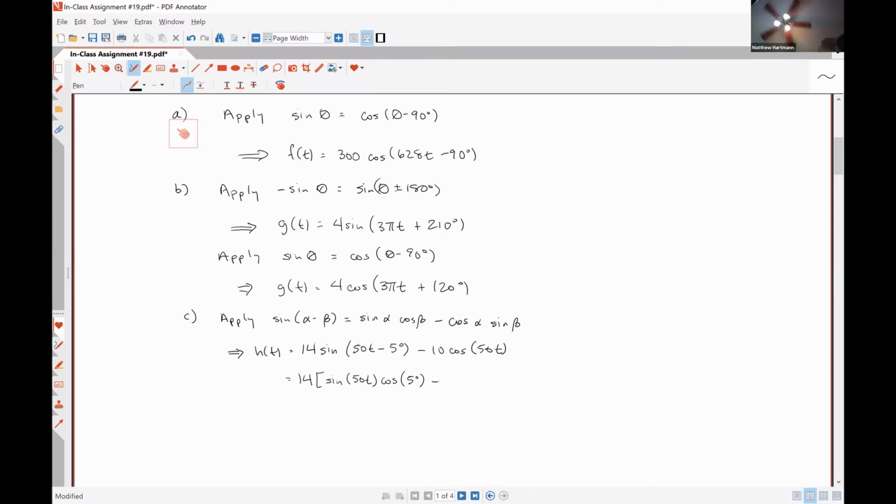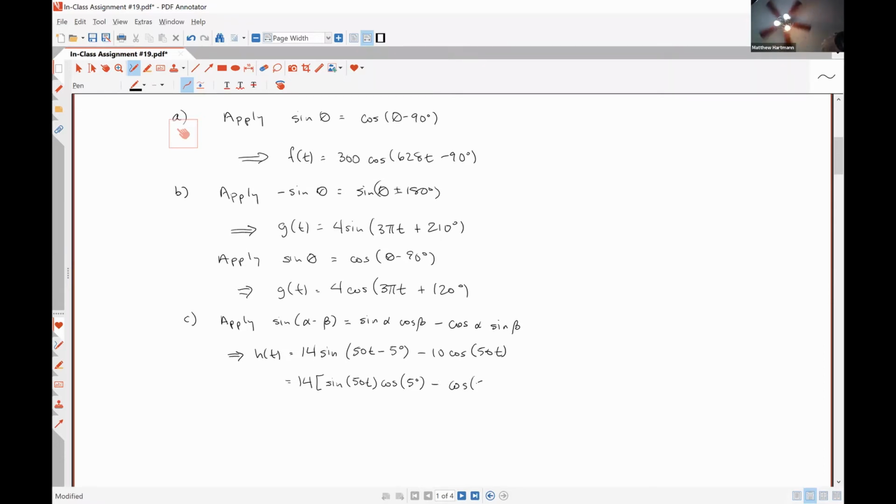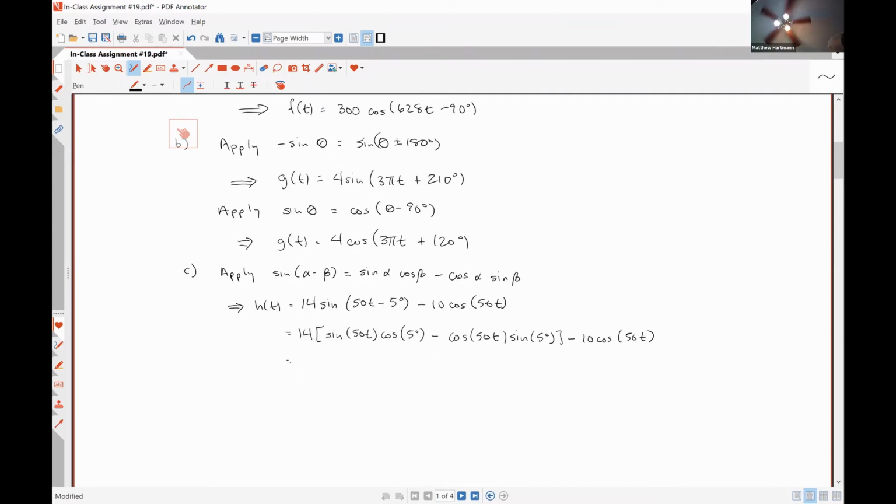And then we'll have cosine 50t sine 5 degrees minus 10 cosine 50t. Keep on with this math.